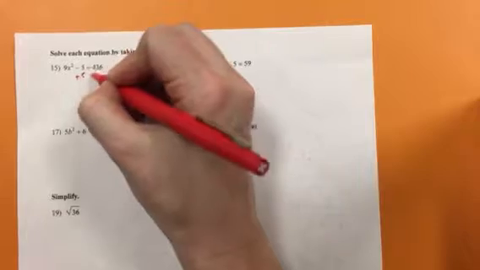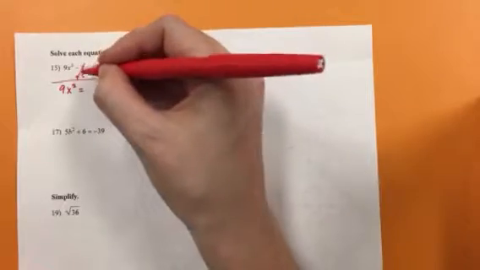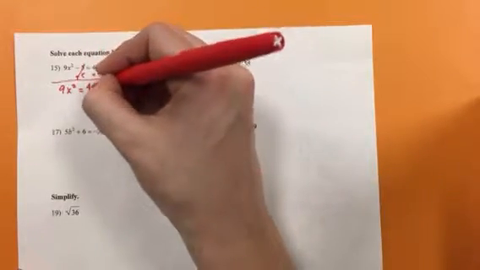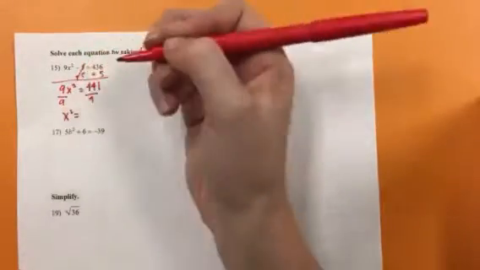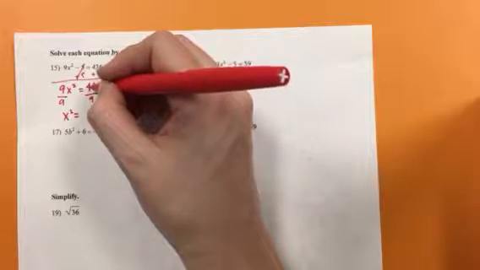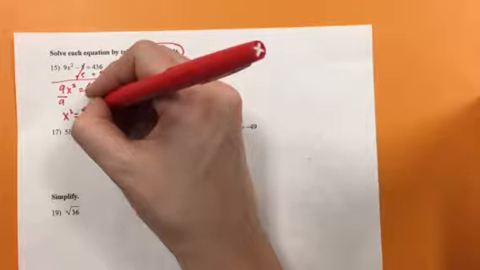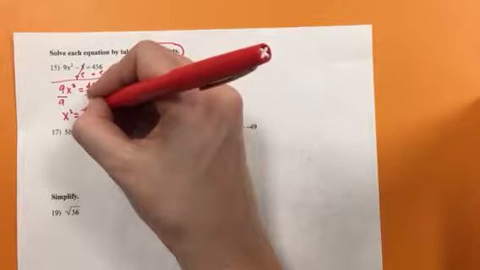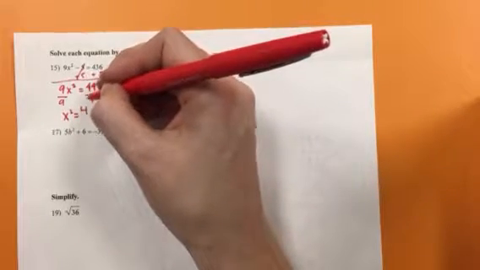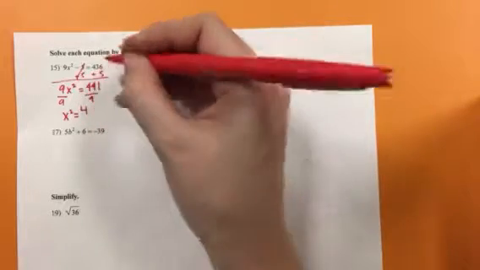So we add 5 to both sides. 9x squared equals, cancels out, 441.